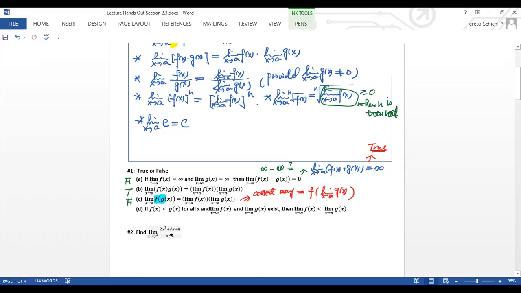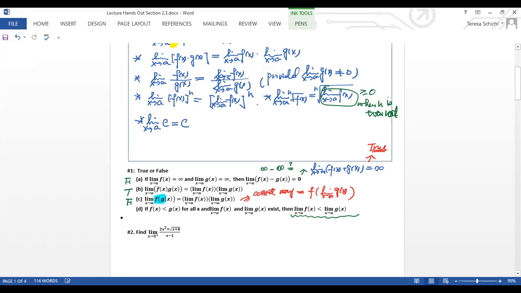Now part D. Let's say if f of x is less than g of x for every x, and both limits as x approaches a exist, can we say the limit of f of x is less than the limit of g of x? It looks kind of true, right?